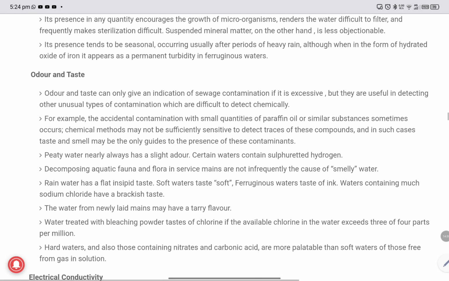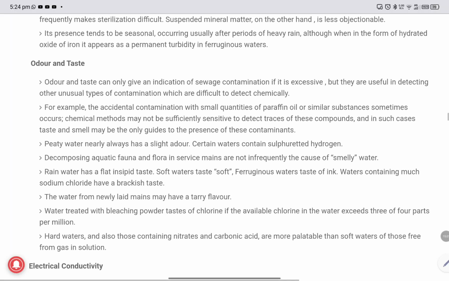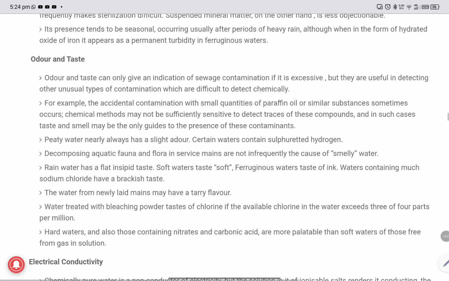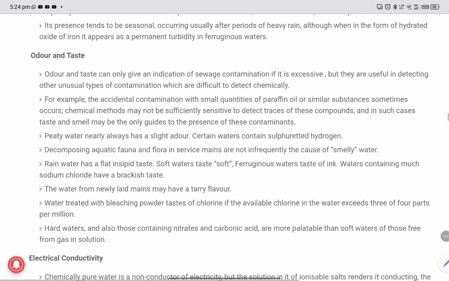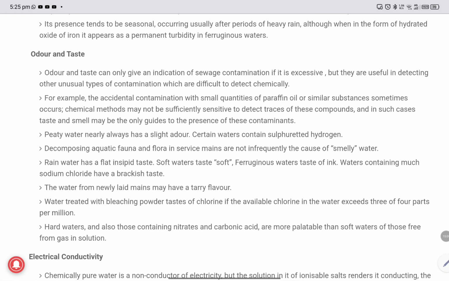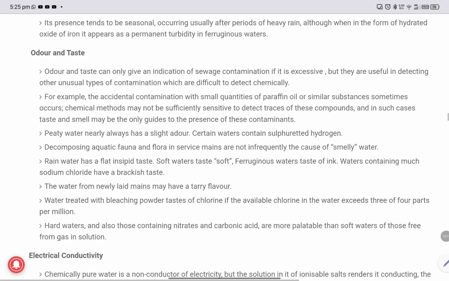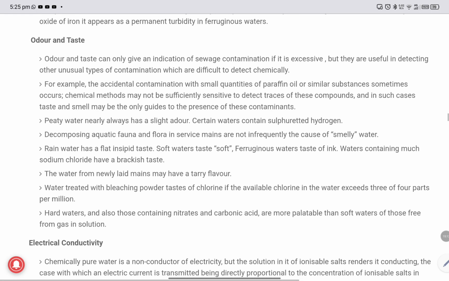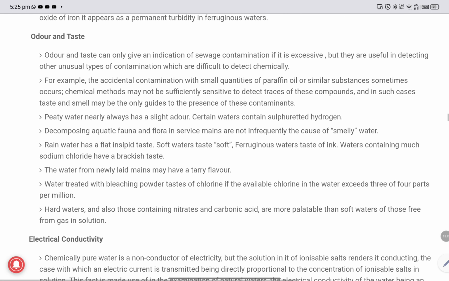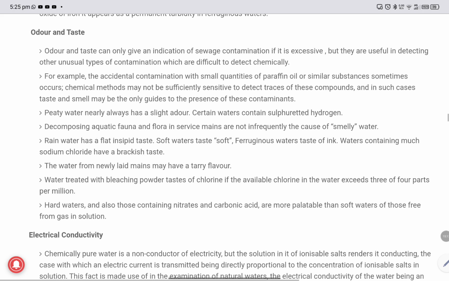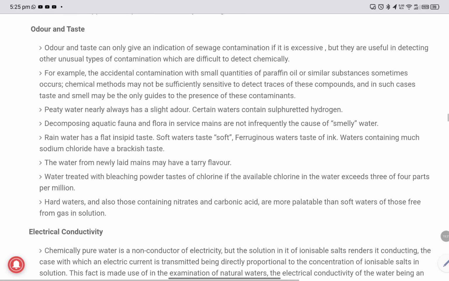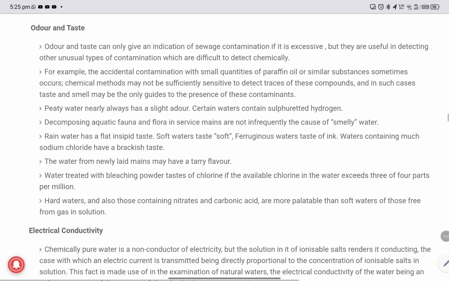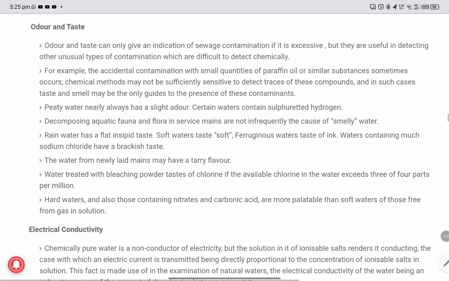Odor and taste. Odor and taste can only give an indication of sewage contamination if it is excessive, but they are useful in detecting other unusual types of contamination which are difficult to detect chemically. For example, accidental contamination with a small quantity of paraffin oil or a similar substance sometimes occurs.